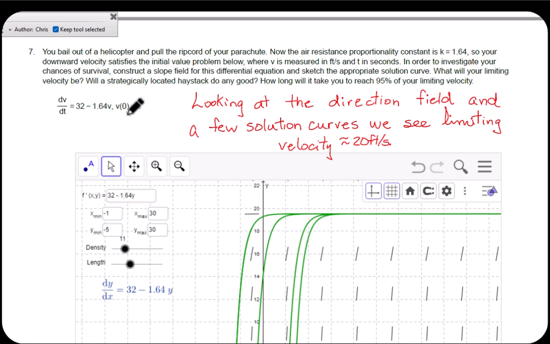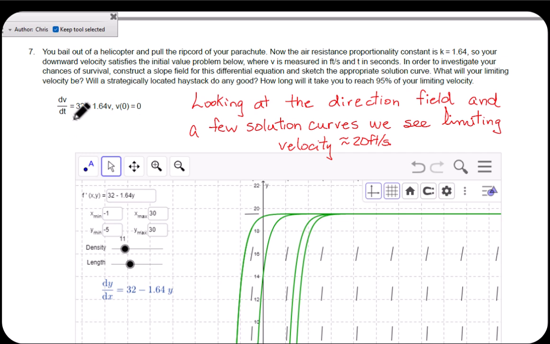So the question is, what will your limiting velocity be as you fall from the airplane? No, it doesn't keep getting faster and faster and faster. Because of air resistance and this proportionality, you will hit a limiting velocity, just like if you used a parachute from an airplane.